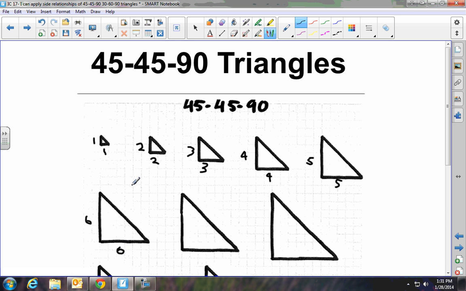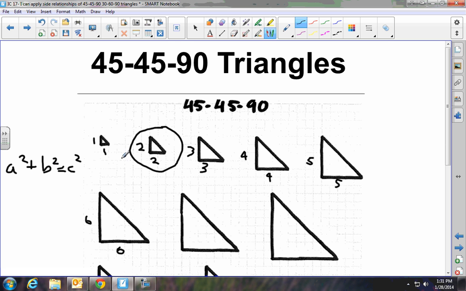Okay, so you'll remember if we use Pythagorean theorem, we can solve for the long side, or the hypotenuse, for each of these triangles by simply doing a squared plus b squared equals c squared. Now, for our example, let's start with this one right here.